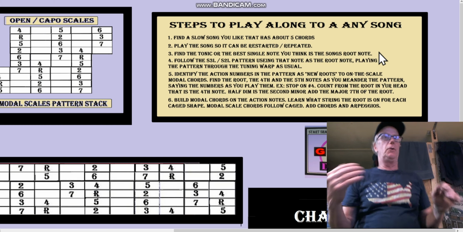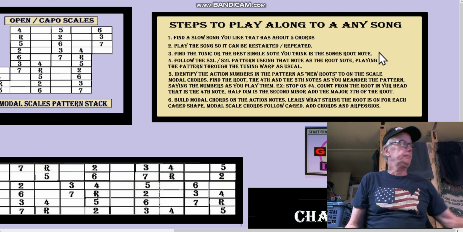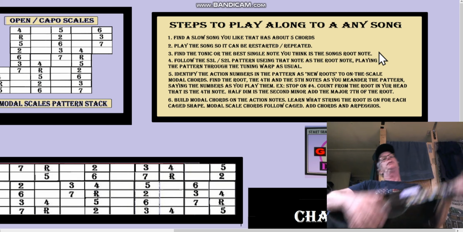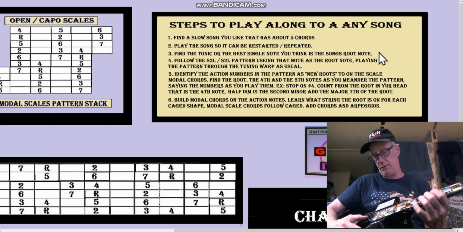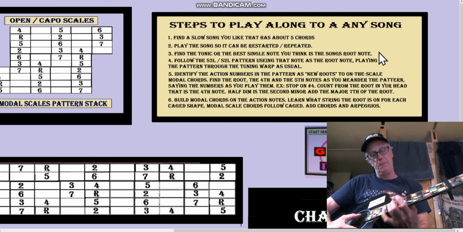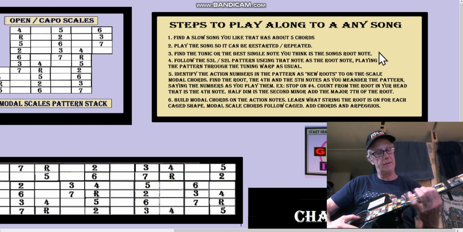Now we don't know what that song is, but you want to just start playing along to it. So you start looking around for notes. I know what song because I just played it. It goes something like that.